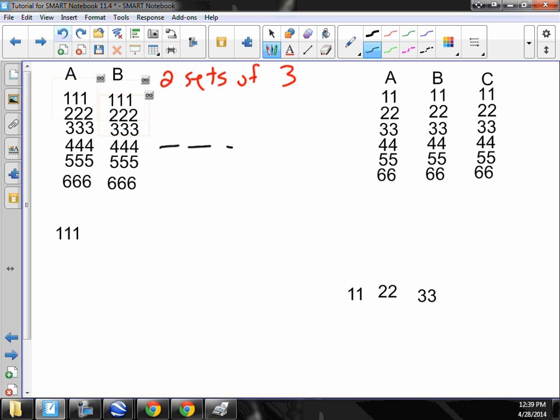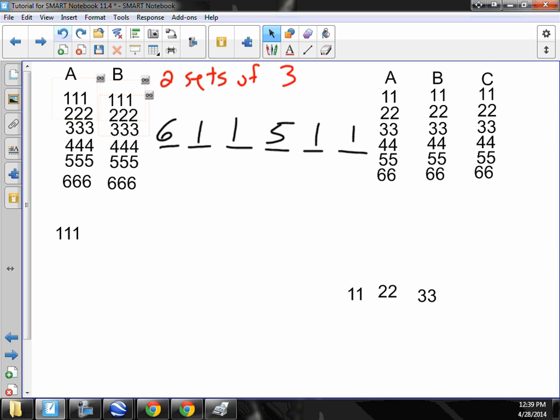So if I line those out, how many ways are there to pick the first digit? 6, and then 1, 1, 5, 1, 1.